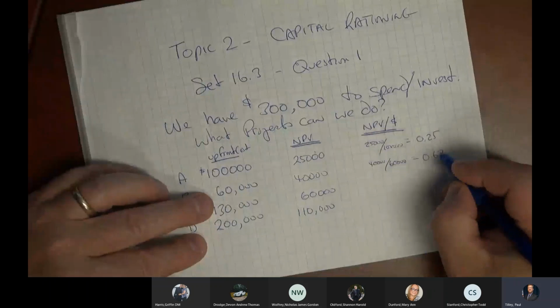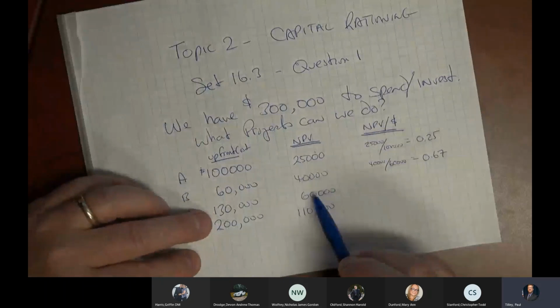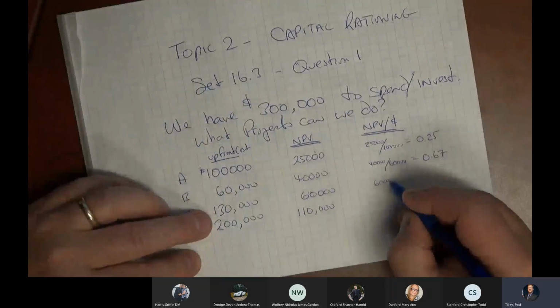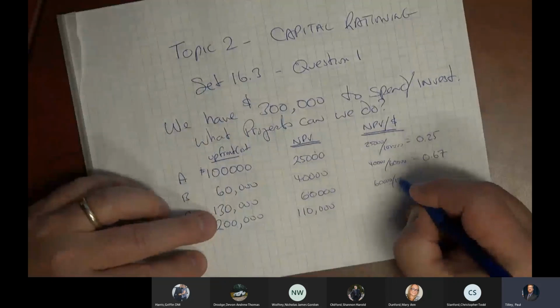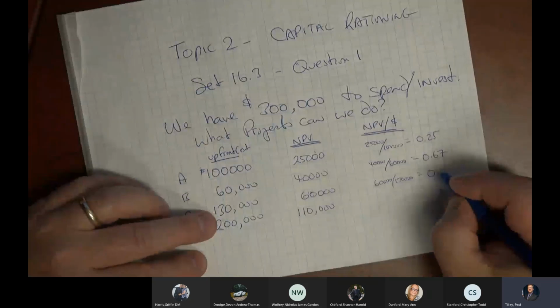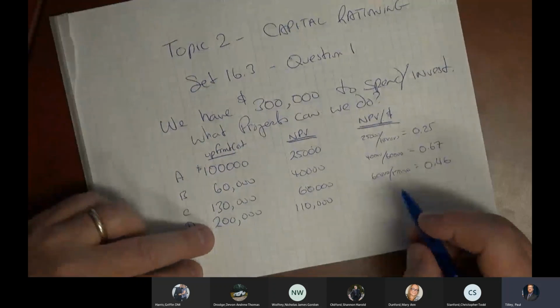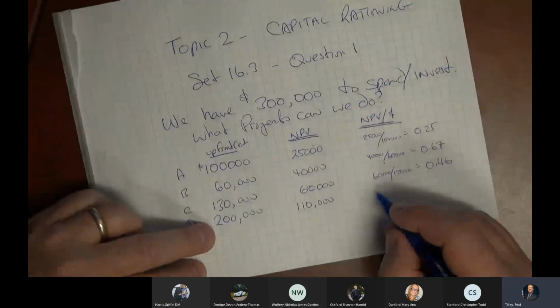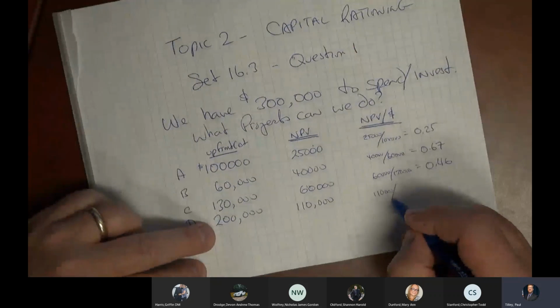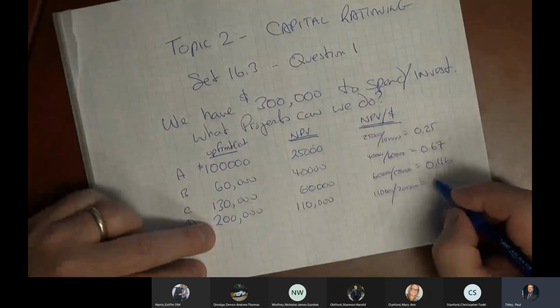And if we were to take the net present value of the third project, it's $60,000, divided by the initial investment, which is $130,000, and that's 0.46. And then the fourth project, it's $110,000 net present value compared to the initial cost of $200,000, and that's 0.55.